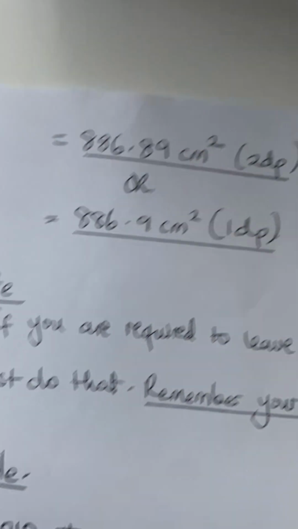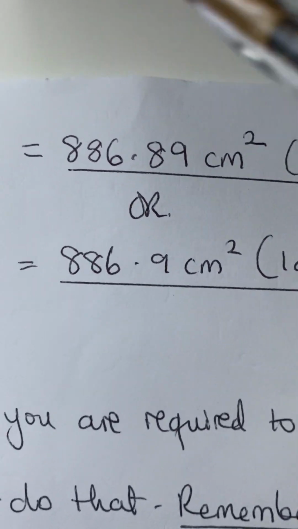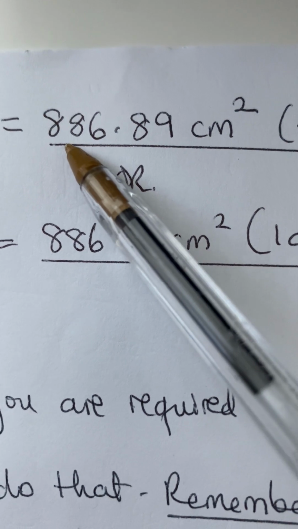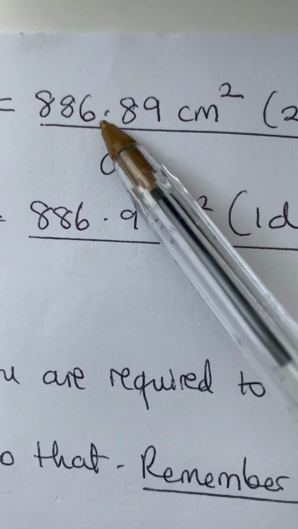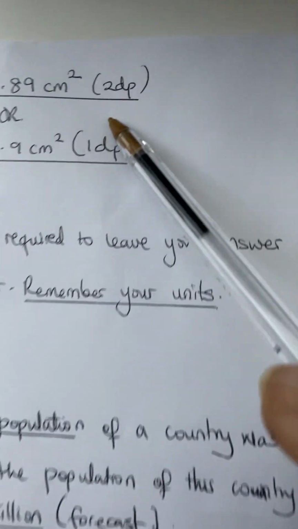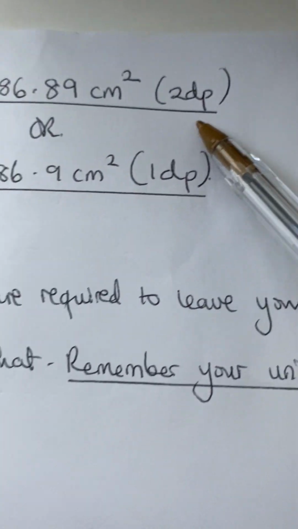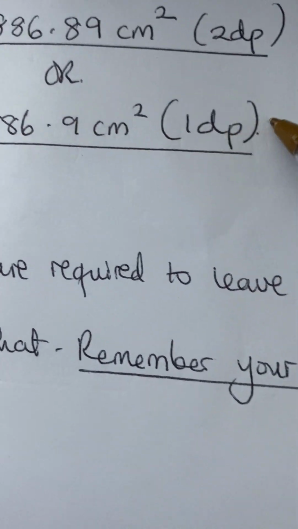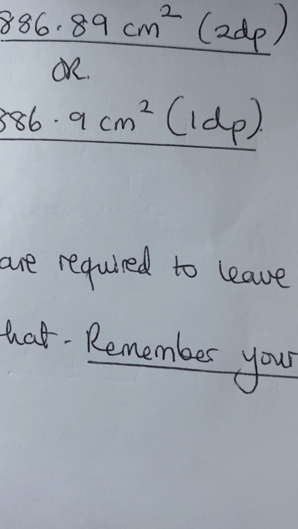Now, if I do that on the calculator, assuming this is a calculator paper, then I'm going to get 886.89 centimeters squared to 2 decimal places, or 886.9 centimeters squared to 1 decimal place.